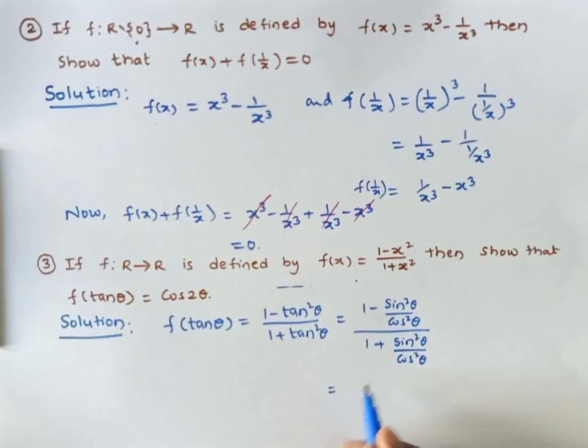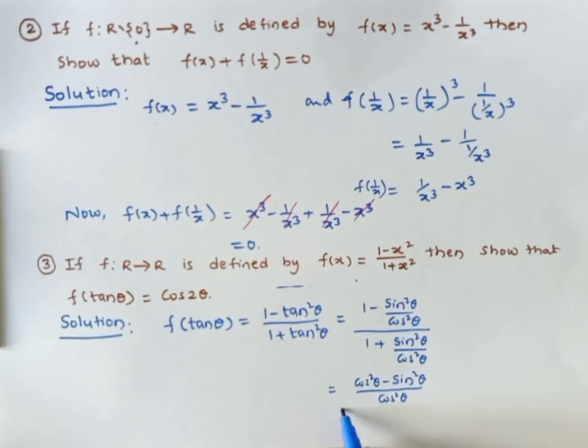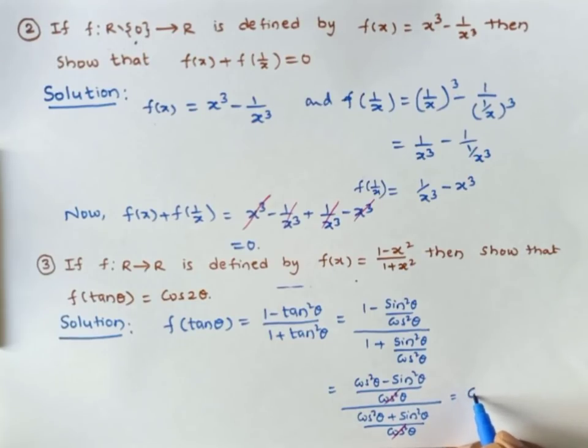Now here the LCM is cos square theta, so in the numerator it is cos square theta minus sine square theta by cos square theta, whole divided by cos square theta plus sine square theta divided by cos square theta. Here cos square theta gets cancelled. Then cos square theta minus sine square theta is cos 2 theta.